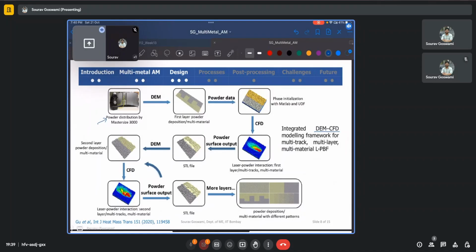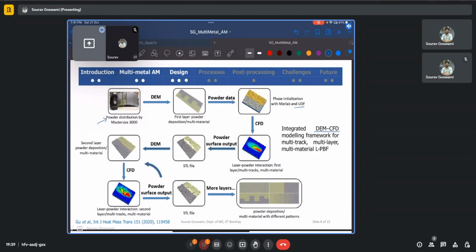Then the powder data is transferred for phase initialization with MATLAB and some user-defined functions, or UDFs. Then we perform our computational fluid dynamics calculation to figure out the transient temperature distributions, the flow of material, and so on. Then the final free surface is tracked and calculated.